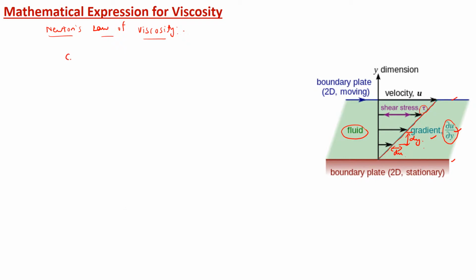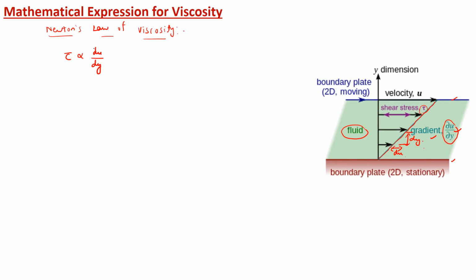So the mathematical representation of Newton's law of viscosity is: tau, or shear stress, is directly proportional to the velocity gradient, or the shear strain. This velocity gradient is also known as shear strain.